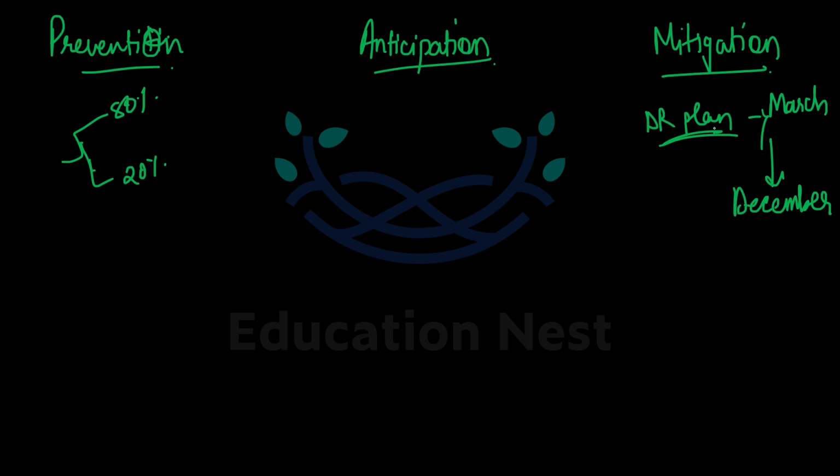So the disaster recovery plan should be revisited again and again. It should be tested again and again by creating dummy disasters. Like that we can ensure that our disaster recovery plan is also going well. So these are all three components of our disaster recovery plan.